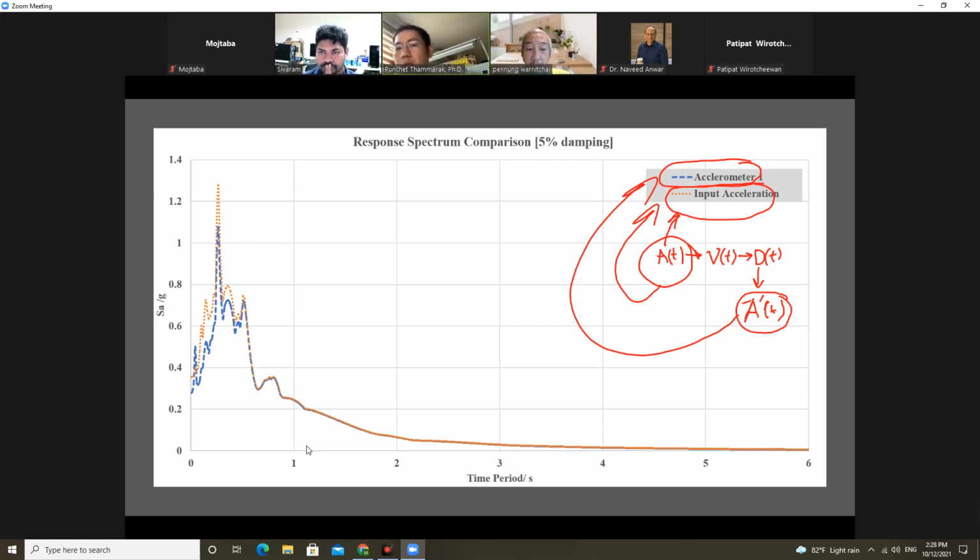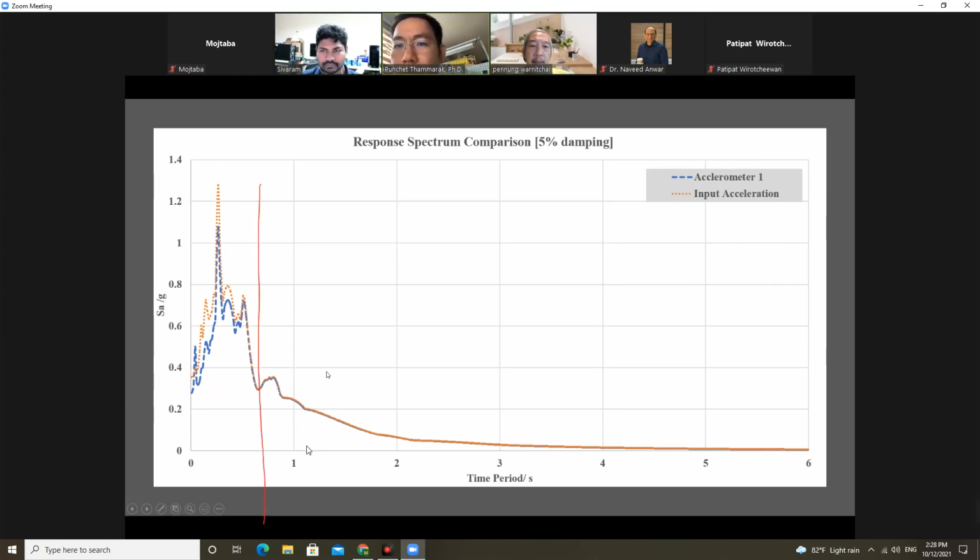It's quite close, except for the short period, high frequency. So basically, it is usable to somewhere around here, about less than 2 Hertz, that the signal is okay.